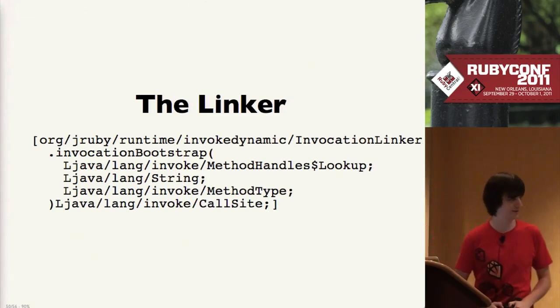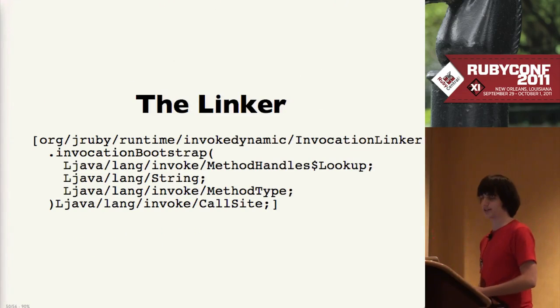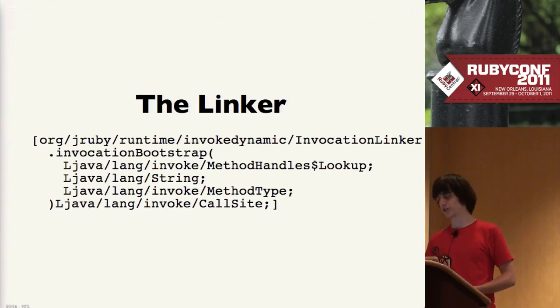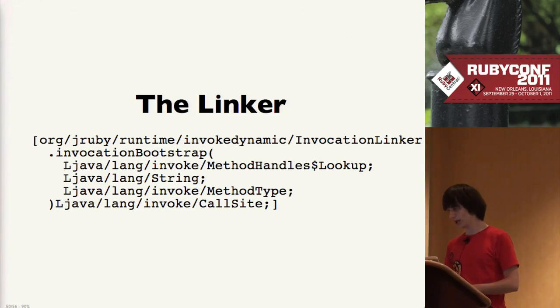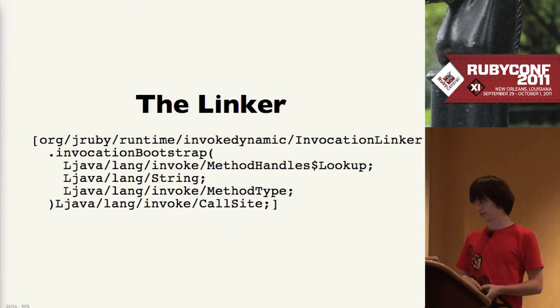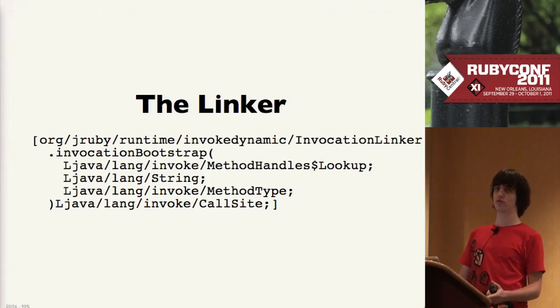Okay, so in JRuby there is this invocation linker, which takes care of setting up invokedynamic properly. The important thing about that linker is it has a bootstrap method and a fallback method, and it returns a call site. And that call site is like the inline cache in Rubinius.